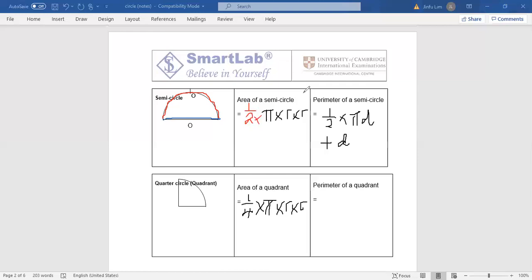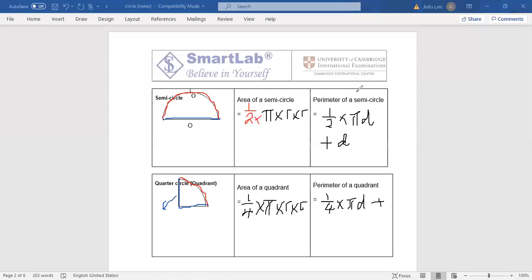For the perimeter, it consists of this arc length represented by this red line plus these two blue straight lines. So we'll find the arc length due to this red line. The arc length is 1/4 times pi d plus each of these blue lines.